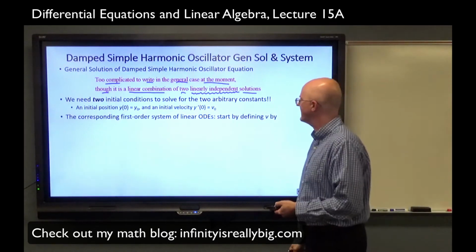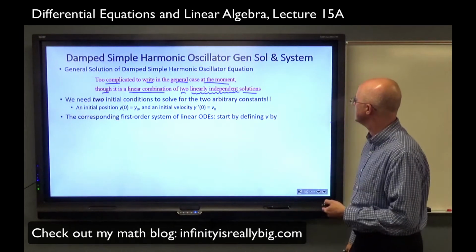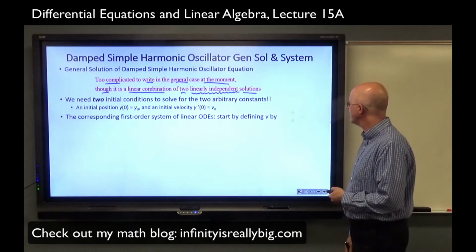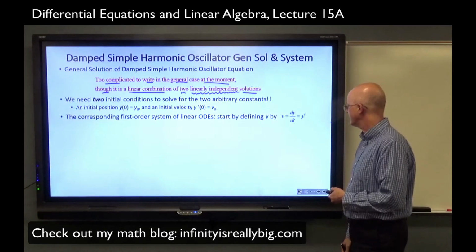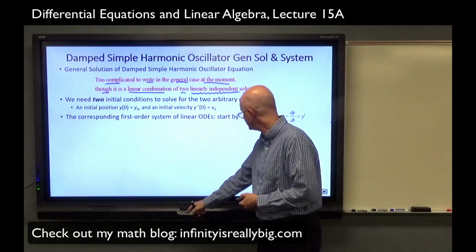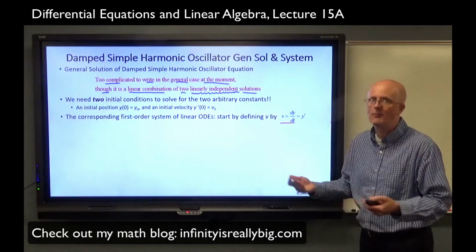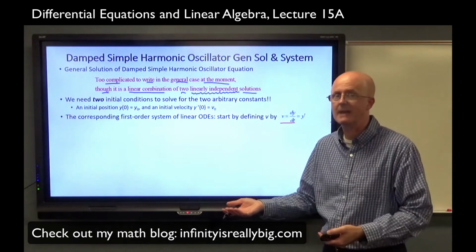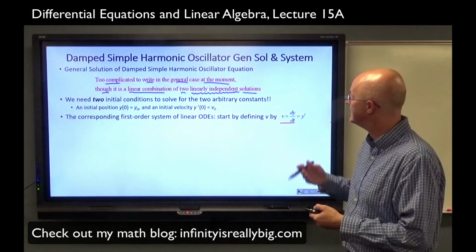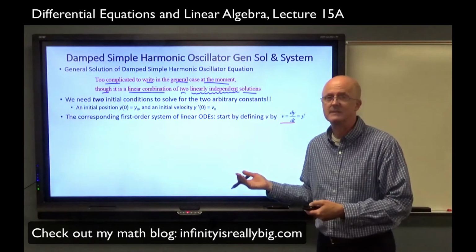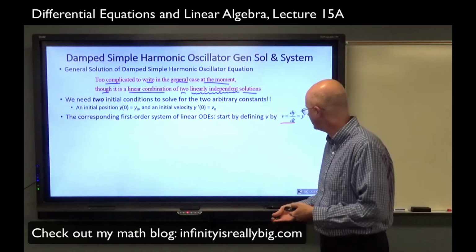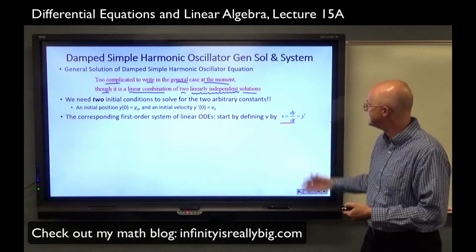Now let's consider the corresponding first order system of linear ODEs by defining the velocity to be dy dt. So we're essentially introducing a new variable, v equals dy dt. Now we already know about the velocity, in fact it was on the previous slide, but for the purposes of generating this first order system, in a sense I'm pretending I'm starting over. This makes sense, velocity is dy dt.